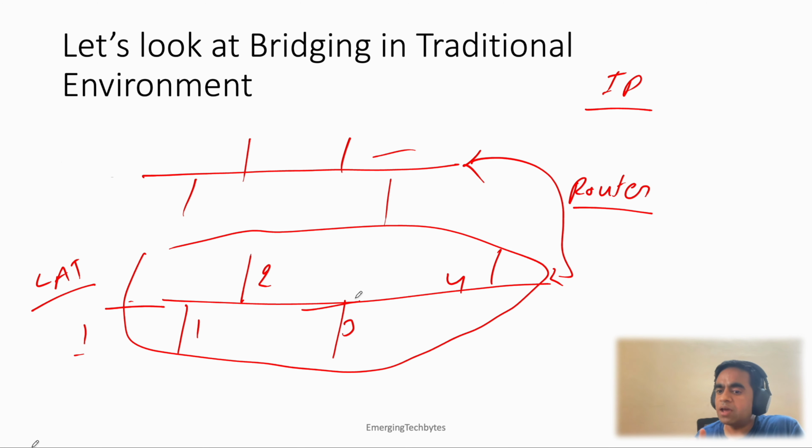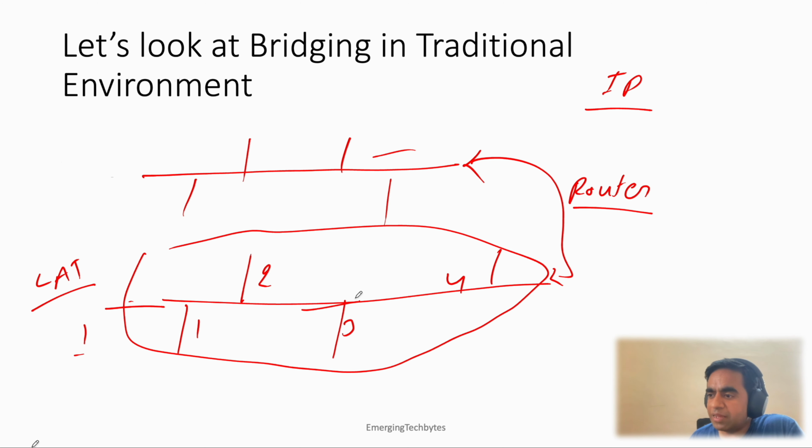IP addresses are hierarchical, whereas MAC addresses are not. Why? I was not involved in those discussions at that time. In fact, I was not even born at that time, but that's how it is. So clearly, I'm talking about the advantages of layer 3 versus layer 2.